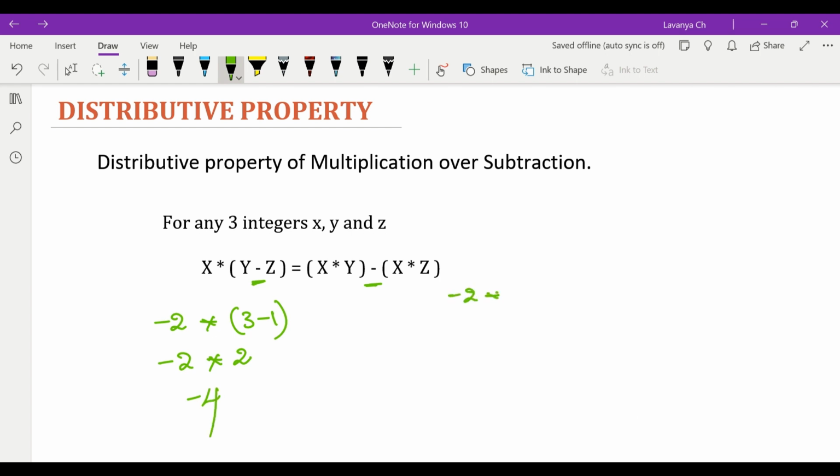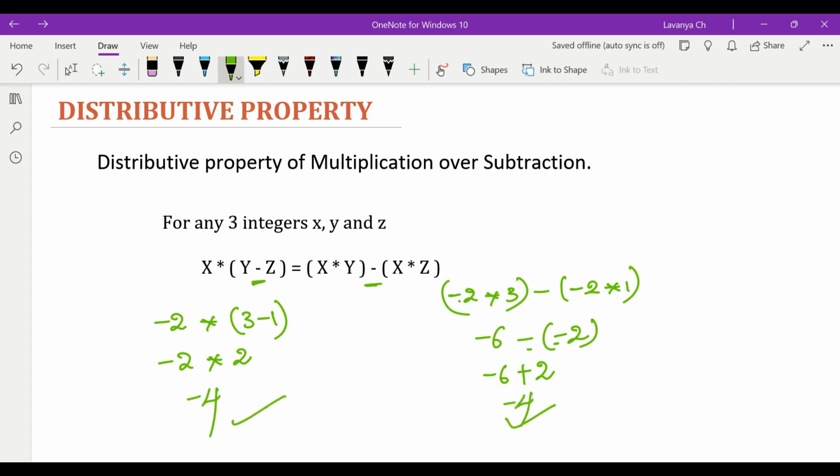Substituting the same values here, negative 2 into 3 is negative 6, minus negative 2 into 1 is minus negative 2. So here same signs, so plus 2. Now it would be negative 4. Here both the results are matching, which shows that distributive property of multiplication over subtraction is applicable for integers as well.